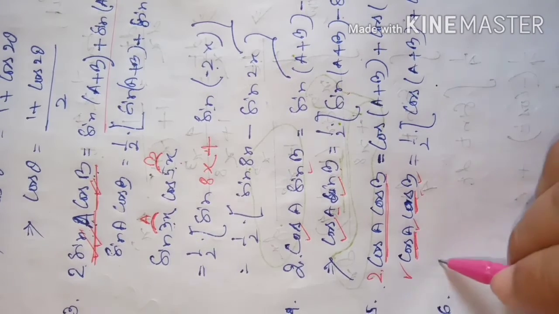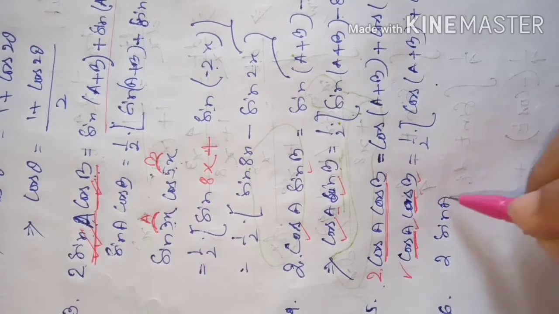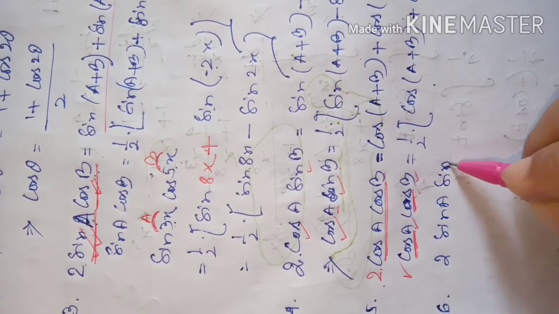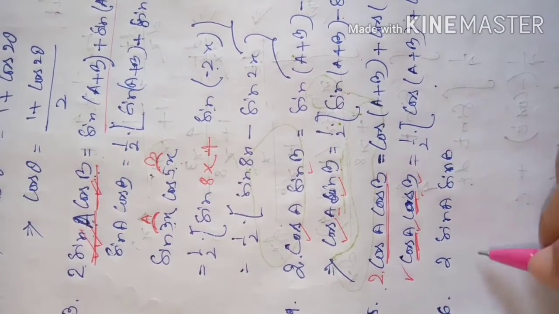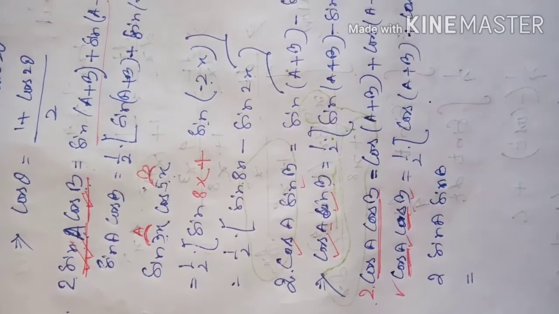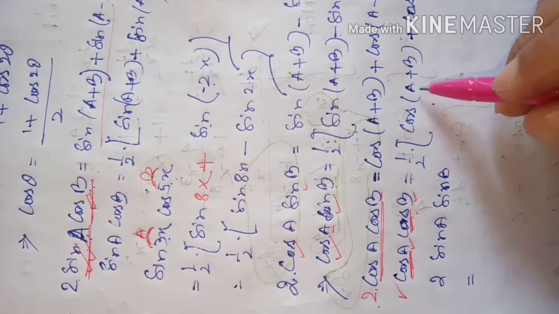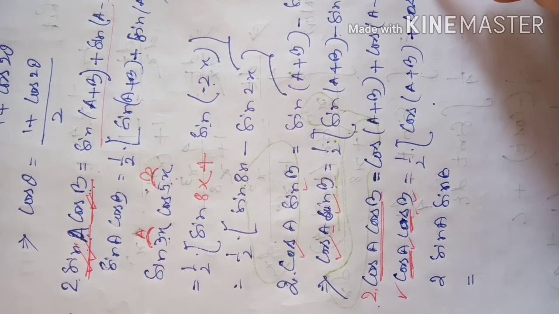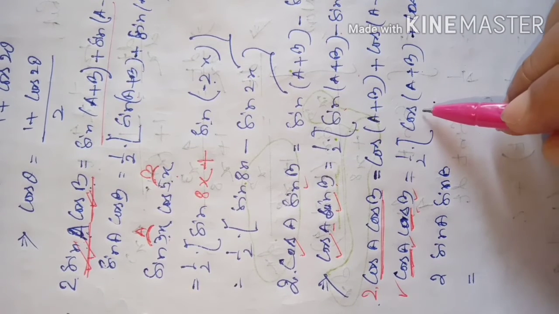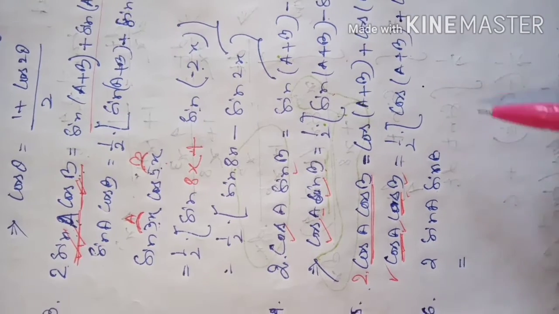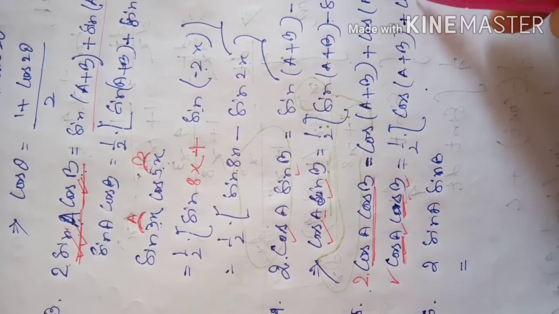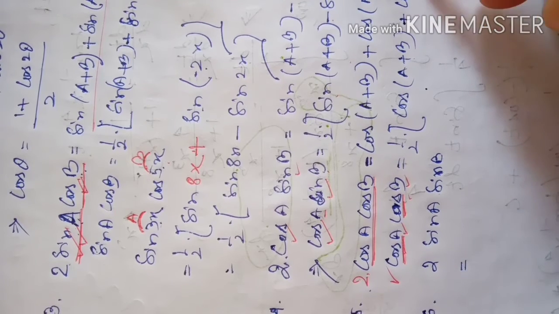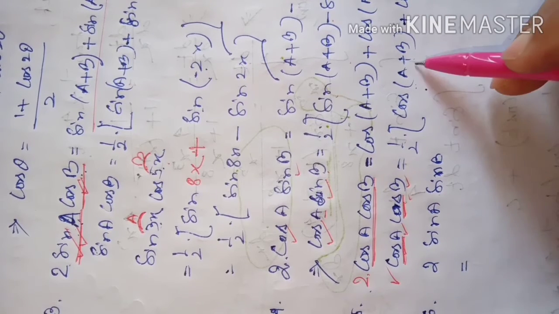Sixth one, suppose you have 2 times sine A sine B, then you can do like this. Just think about it: if it is cos A minus B, we get cos A cos B plus sin A sin B, and here cos A cos B minus sin A sin B, and we want to keep the sin A sin B, then you have to reverse this order. From cos A minus B, you have to subtract cos A plus B, then sin A sin B will remain.